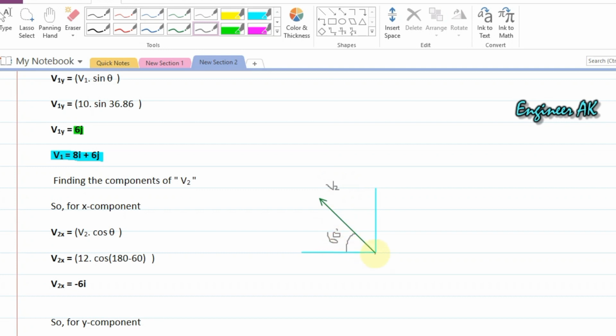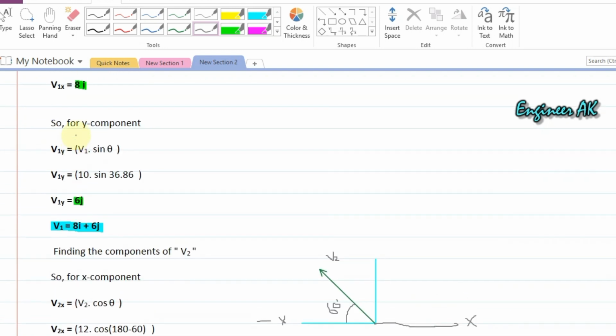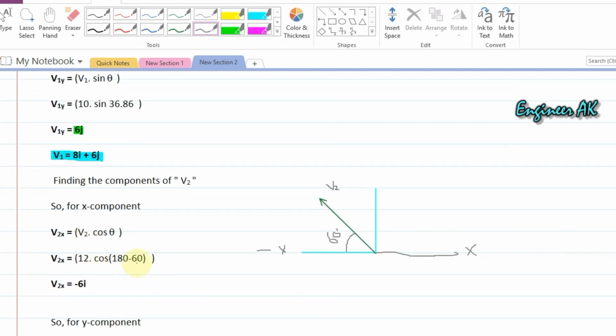If this is my positive x-axis, then this will be my negative x-axis, right? If I want to find the component of this vector from the positive x-axis, then instead of putting 60, I will put 120, or I can put 180 minus 60, right?